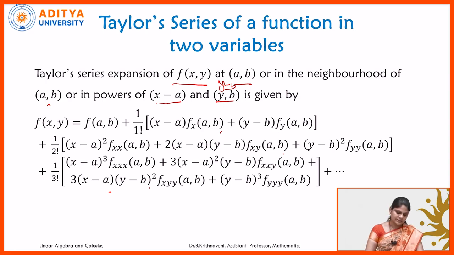So this gives the Taylor series expansion of the given function in two variables, that is f(x,y), in the neighborhood of (a,b), or else in the powers of x minus a and y minus b.